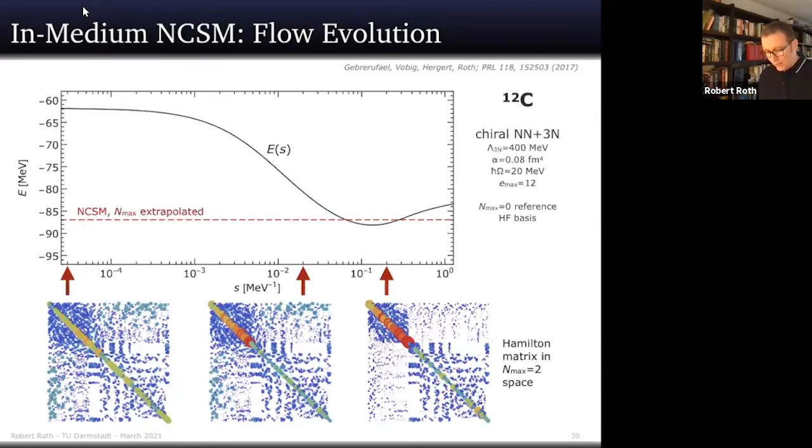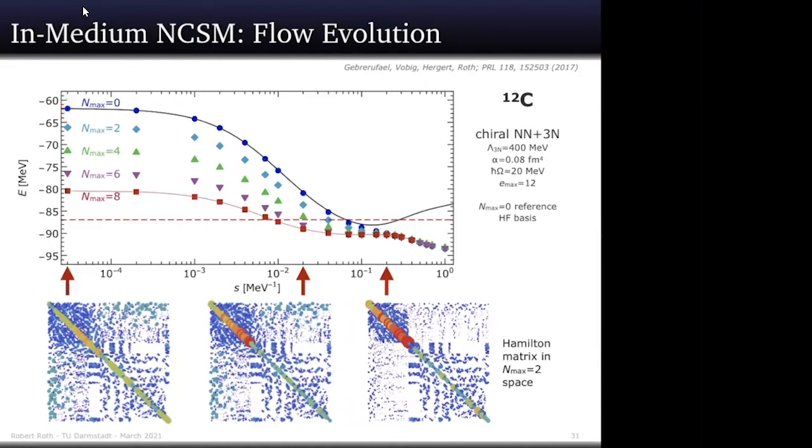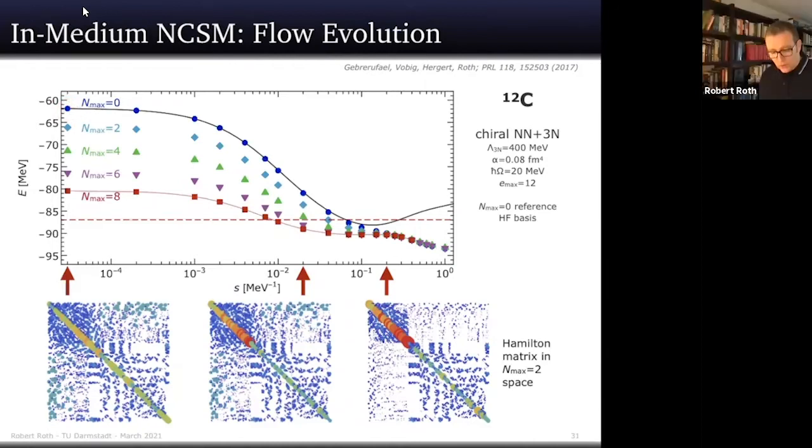And you can try that. And if we just do NCSM calculations, these are now the secondary calculations afterwards, once we have the transformed matrices, you can do the Nmax 0 calculation, which is the blue symbols here. And you can also, just for fun, go to larger Nmaxes, here up to Nmax 8. And you see for the initial Hamiltonian, we have this very bad and difficult convergence behavior with increasing model space size.